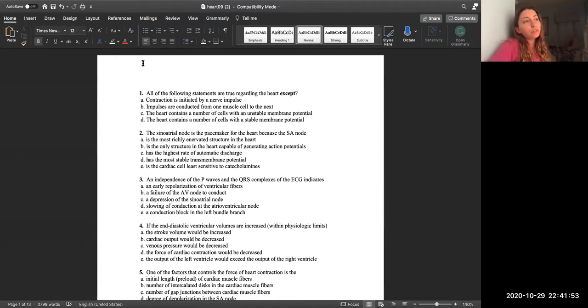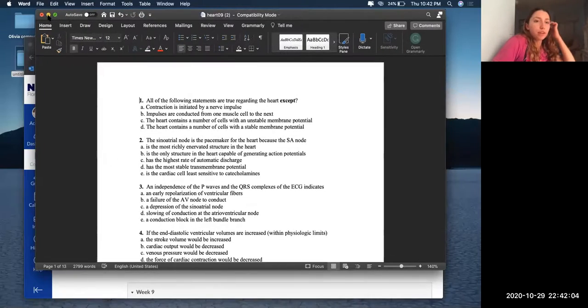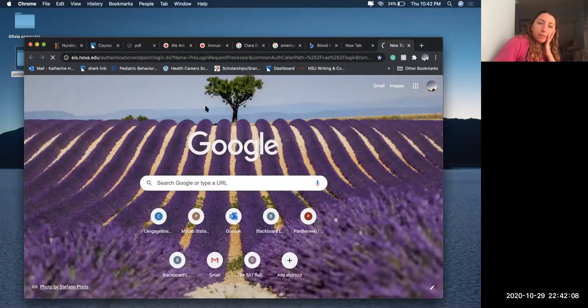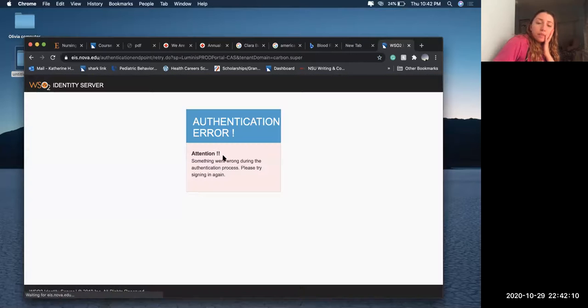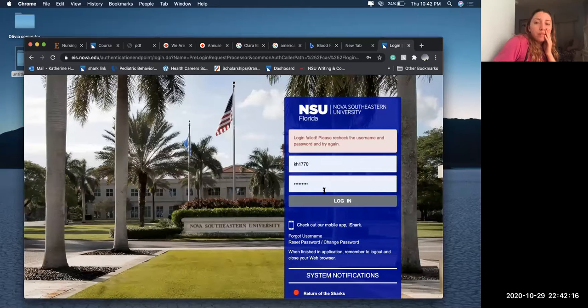You can also log into your Shark Link and then go to Google Scholar. Let's see if I can do it right now, because I used to do it with Palm Beach State all the time. Okay, Shark Link. Oh, well, that's beautiful. I like that. No, login failed. Apparently, I'm not the same person.